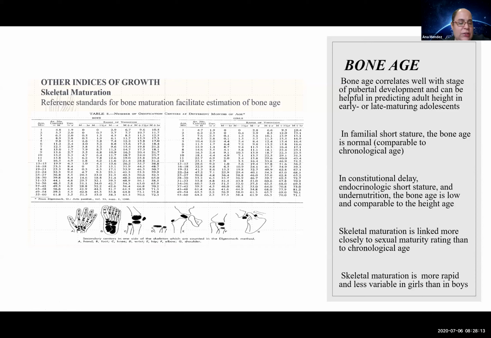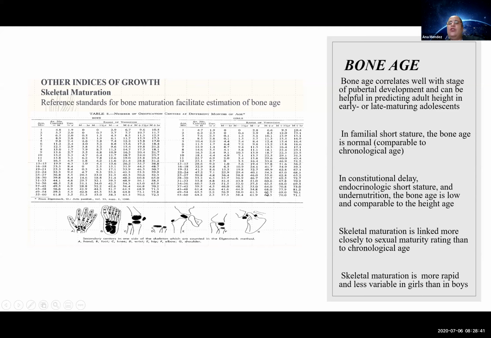Now, in order to interpret growth patterns in older kids, older than just infants, we have to be familiar with a concept called bone age. Bone age correlates well with stage of pubertal development and can be helpful in predicting adult height in early or late maturing adolescents. You have three different growth patterns. You can have a kid who's short because of familial short stature or because of constitutional delay.